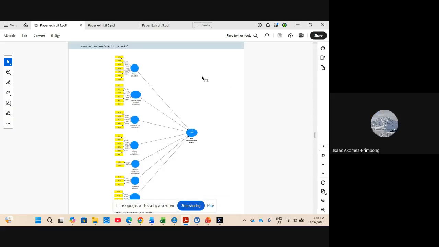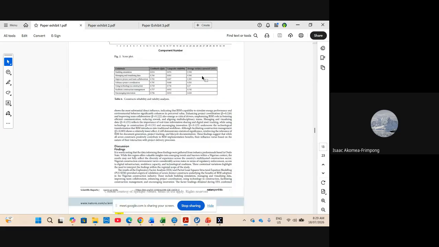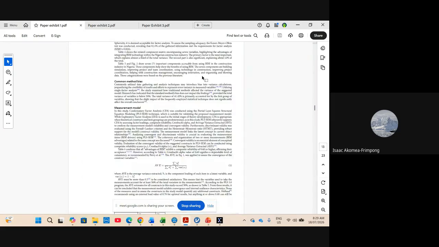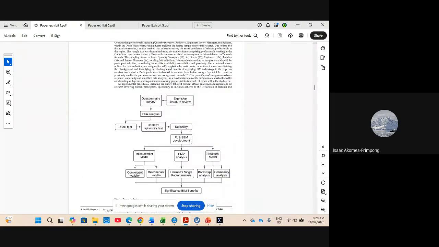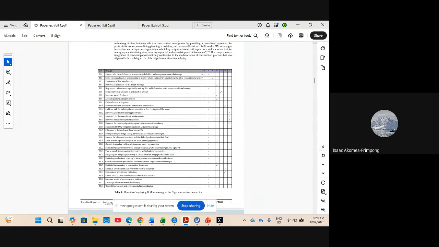Don't forget that I told you that with this paper, they started by putting all the benefits together. Initially, we didn't know which one belonged to whatever group. This is how it looked, just like your study. Because all the factors were together, first they conducted the EFA, and that's where I recommended and explained the EFA.